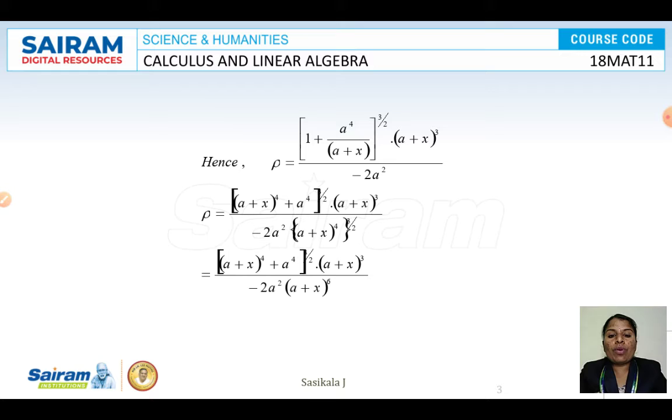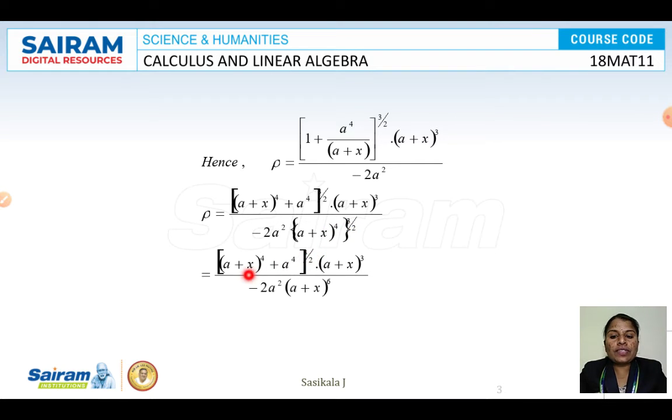Now I am going to take the LCM, so you can write it as a plus x the whole power 4 plus a power 4, the whole power 3 by 2, then a plus x the whole cube by minus 2a squared, over a plus x the whole power 4, the whole power 3 by 2.